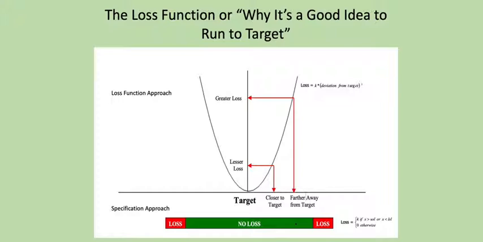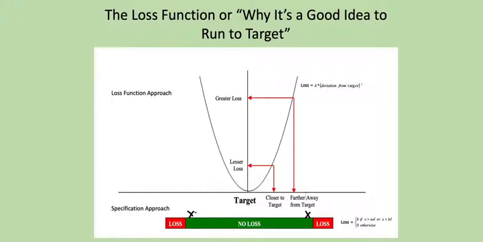The problem is when you're starting to match up items. This is an example of where you can get into trouble. Let's say I'm measuring something and I get a measurement down here, and then I measure another item and I get the next measurement here. The specification approach says these two items are the same from the standpoint of being okay. Now, this can be a problem if you have two components that need to be matched up.